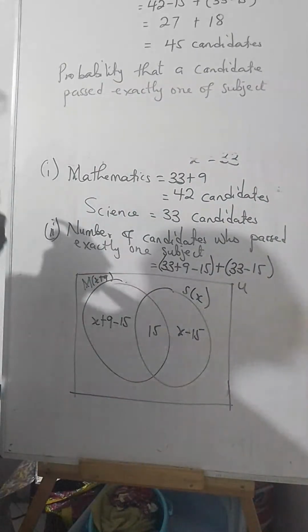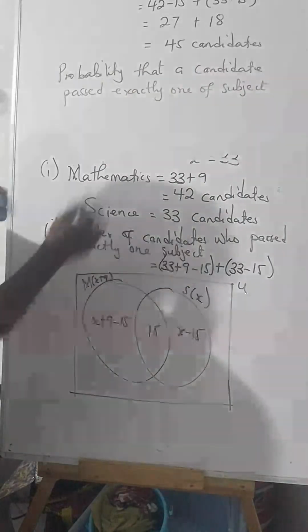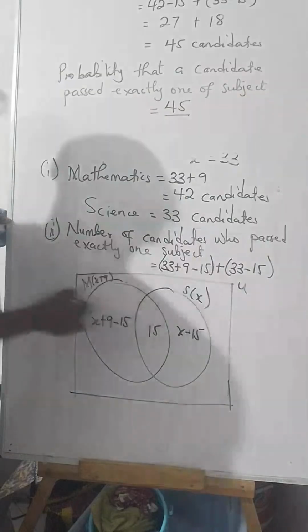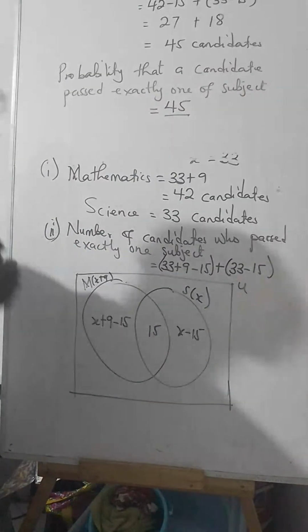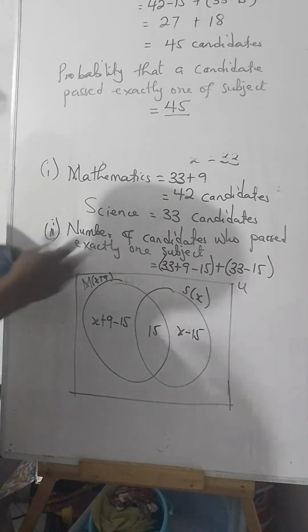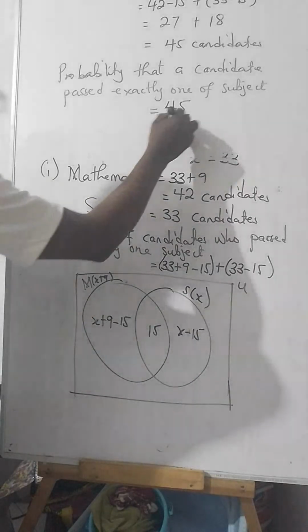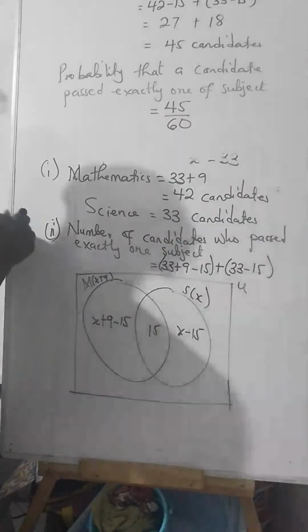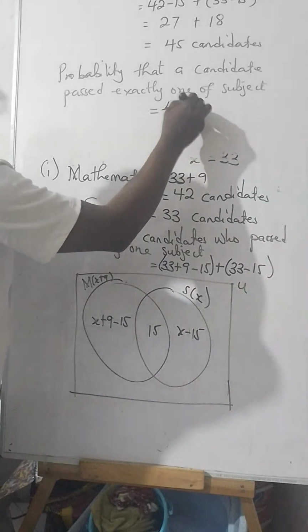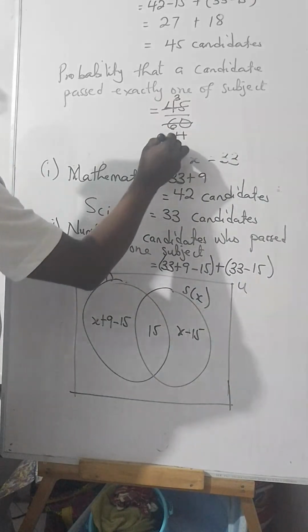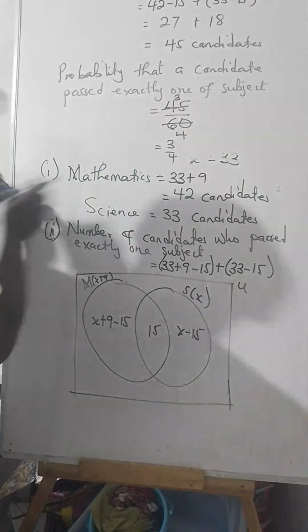So probability, that is those who pass exactly one of the subjects, we have 45. And the total number of candidates who pass maths or science, that was what, 60. Right, so you can use 15 here, 3 here, 4 to get 3 or 4 as our answer.